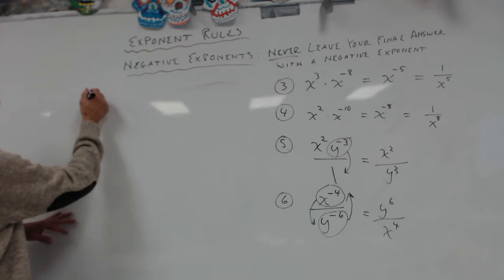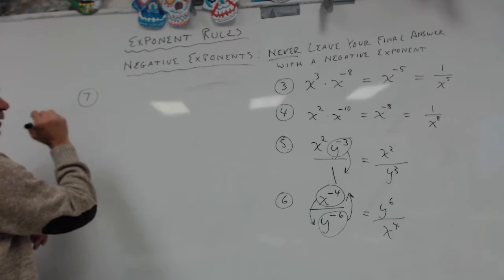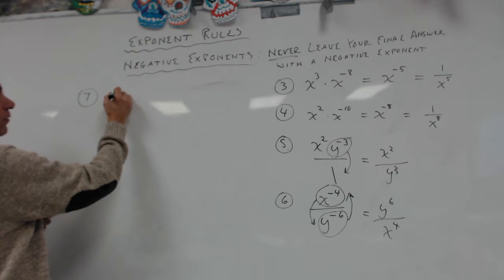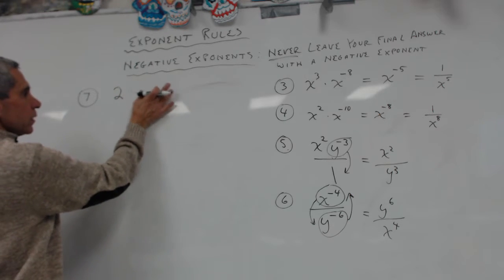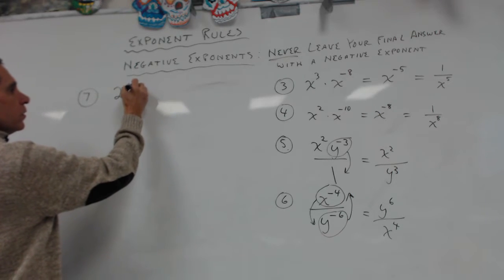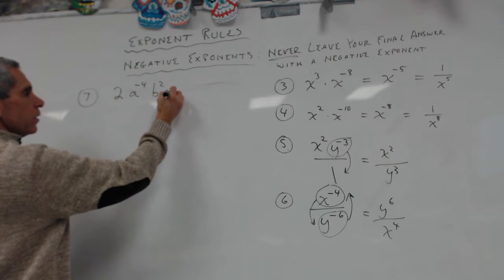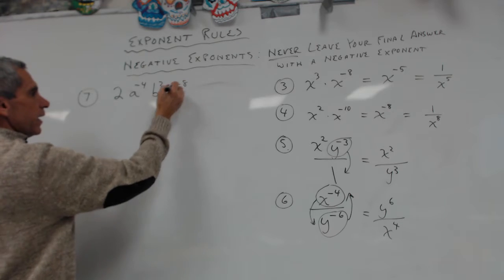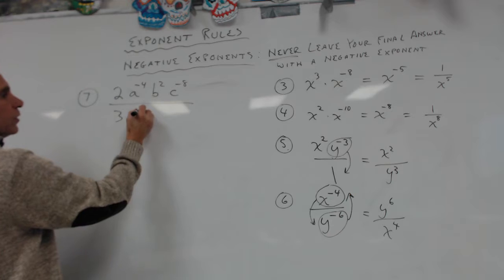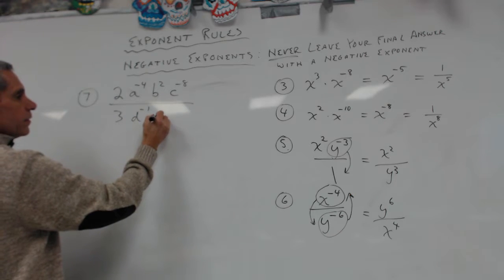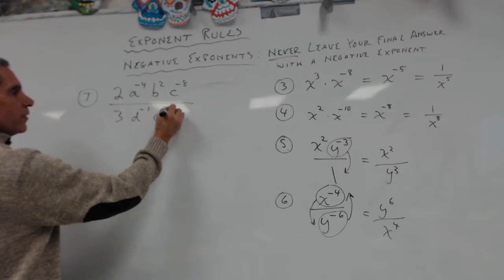Let's do number 7. Let's say I gave you something horrible, scary. Let's say I gave you this: 2 a to the -4, b squared, c to the -8, all over 3 a b c to the -1, e to the 5th.